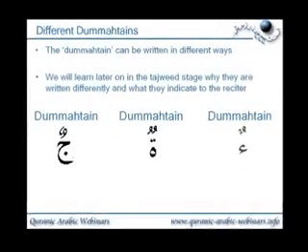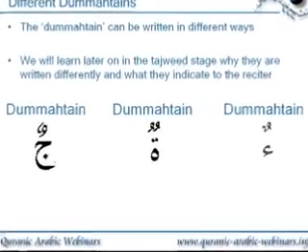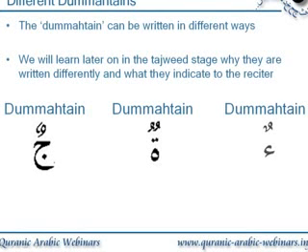For now, what we need to know is just that these three symbols, or these three different ways, can be used to indicate dummahtain. The first one is a little dhamma, and it has a hook on it, and you'll see this in some scripts. You see it a lot on the computer, like we've got it on the slides, because generally the computer fonts show it in that way.